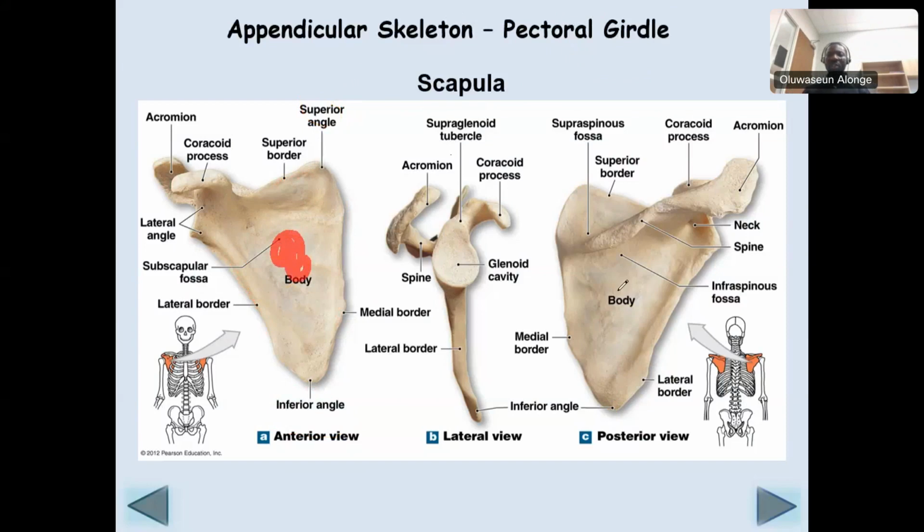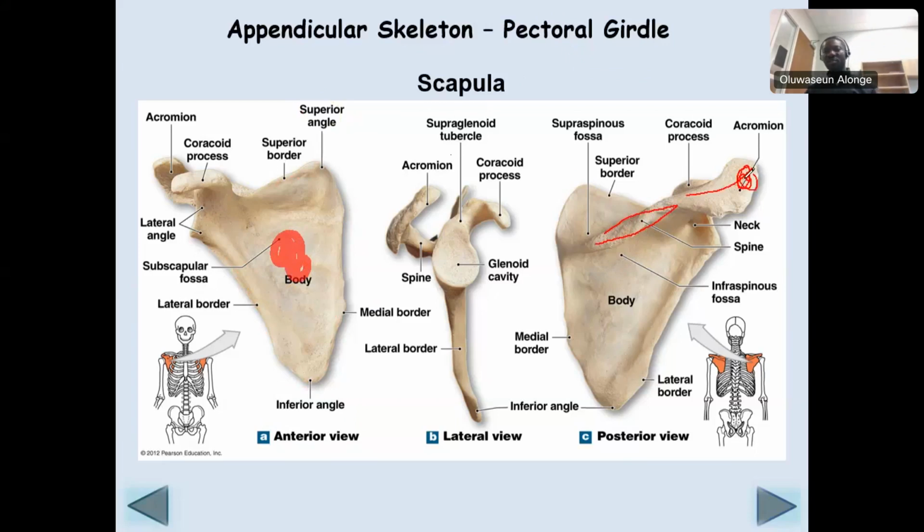Now, the posterior view. The major thing you see on the posterior view is first the spine, which most of us can touch right here. The spine continues to form what we call the acromion.